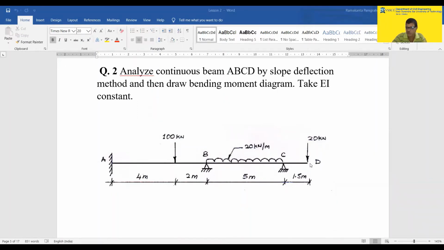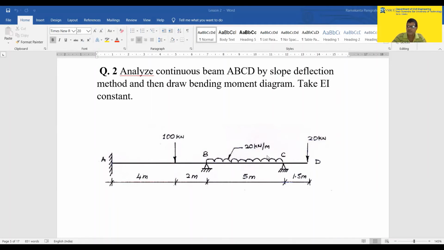Since it is overhanging, MCB will not equal 0. There will be a moment at C, that is 20 times 1.5. So MCB has some value here.